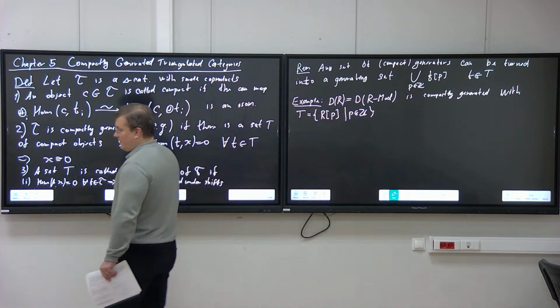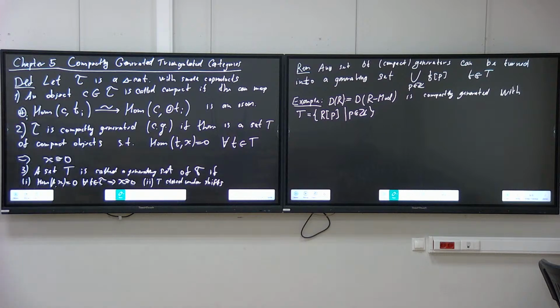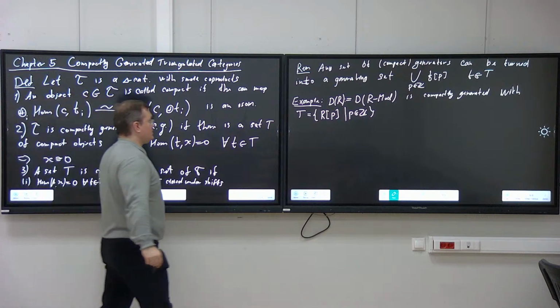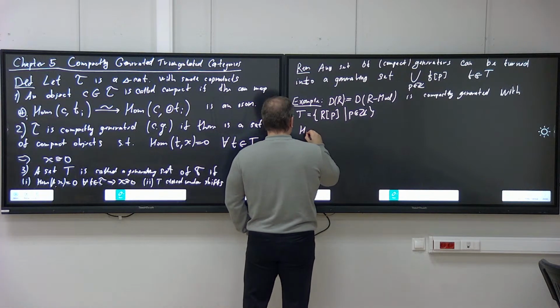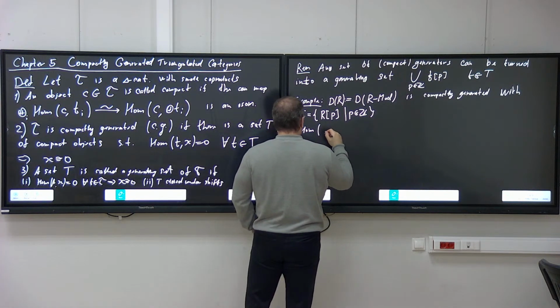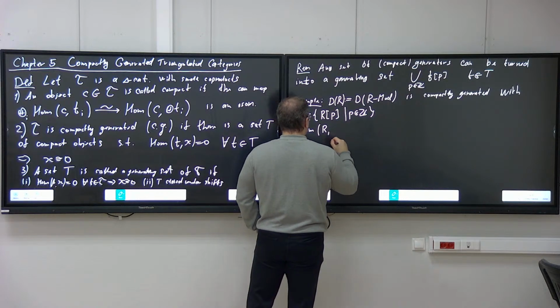Well, that is because if you have any complex and try to compute, say, Hom from R to any complex, let's call this C, right?